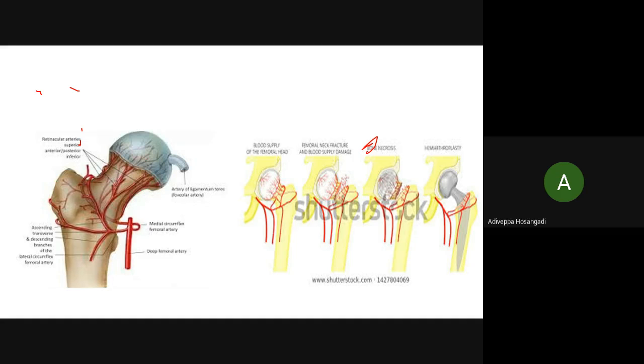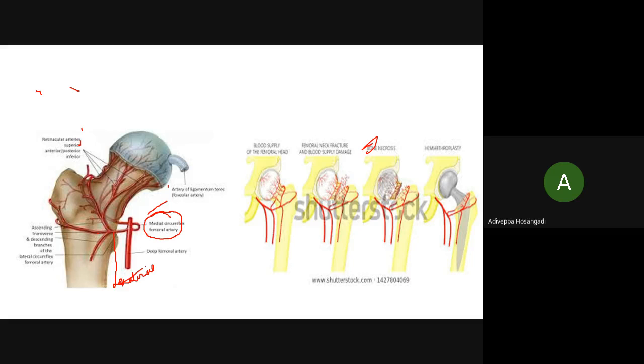Look at this. This is the complex vascular blood supply of the femoral head. But let us go step by step. See, medial circumflex femoral artery, and this is the lateral circumflex femoral artery.